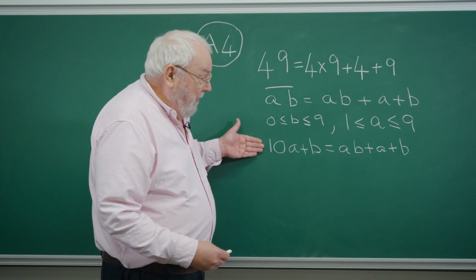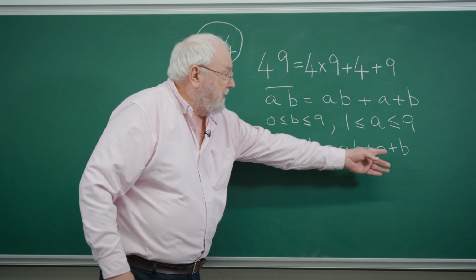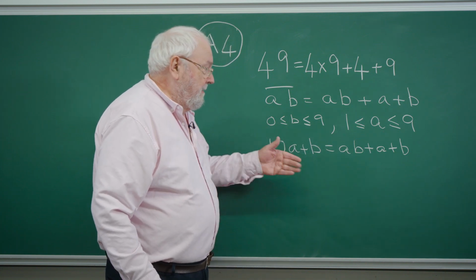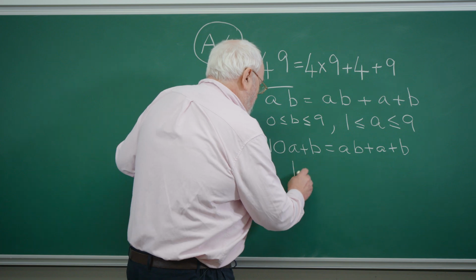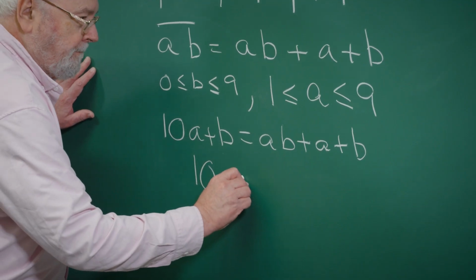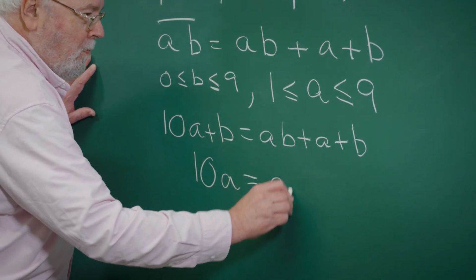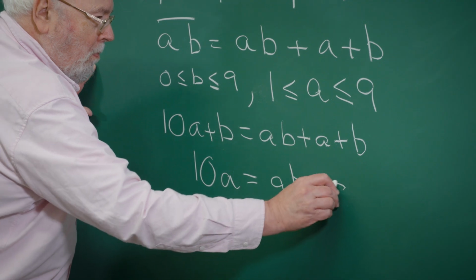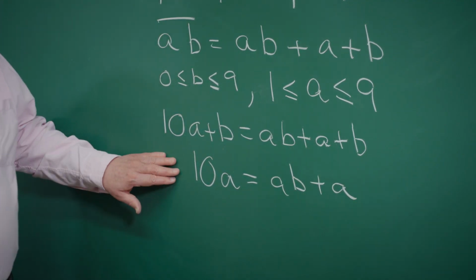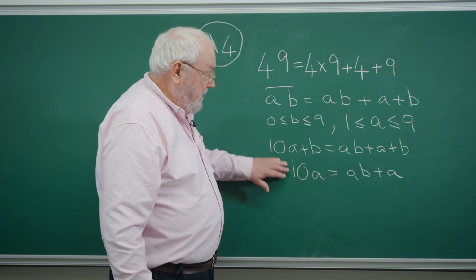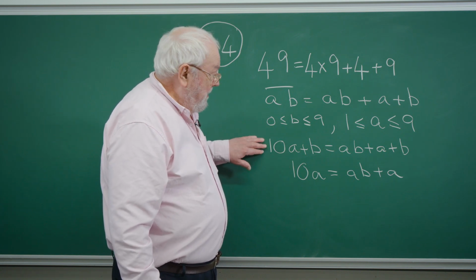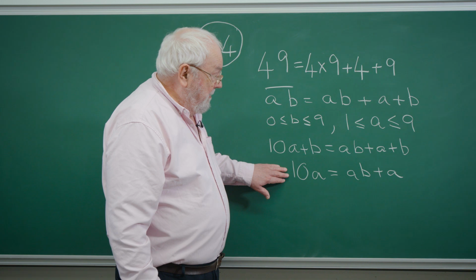Well, helpfully, there's a plus B here and a plus B there. So I can take B away from both sides, and that'll disappear. Now, we derived this equation here from the equation above, but we could do it the other way around.